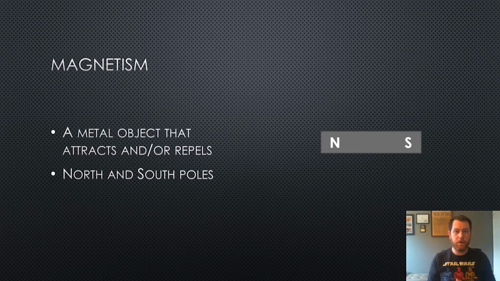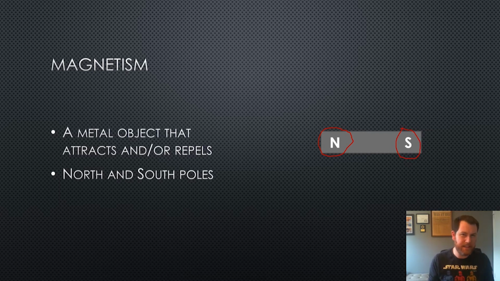So what is magnetism? What are magnets? Well, let's start with what magnets are. Magnets are metal objects, and they either attract or repel certain objects, and they have a force that we call magnetism. And a magnet, here you can see what we call a bar magnet, has two ends. There's a north and a south pole.